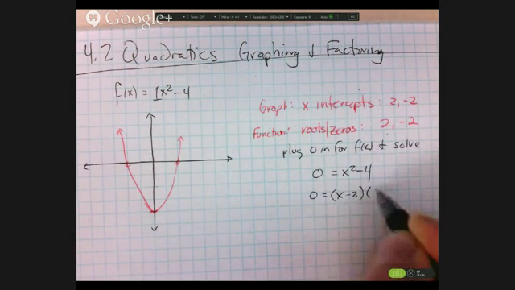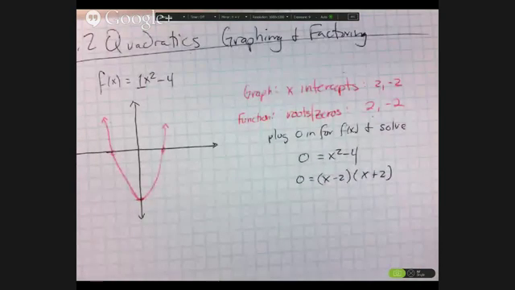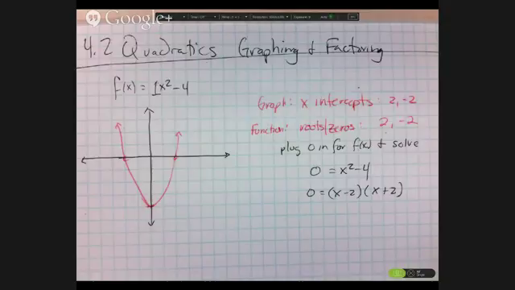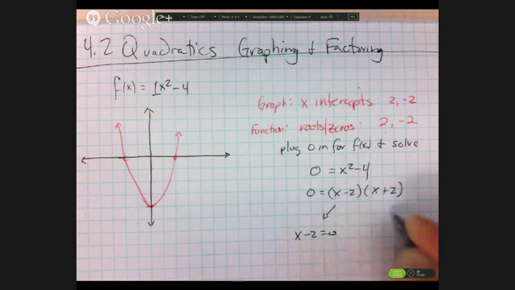And somebody said we could factor that, right? Okay, from here, many of you can look at it and say 2 and negative 2, right? Okay, it works right now for this one, but if they get more difficult, you have to set them each equal to 0.